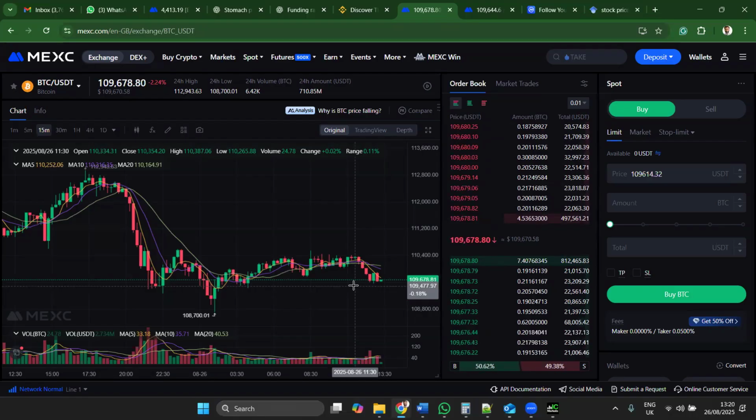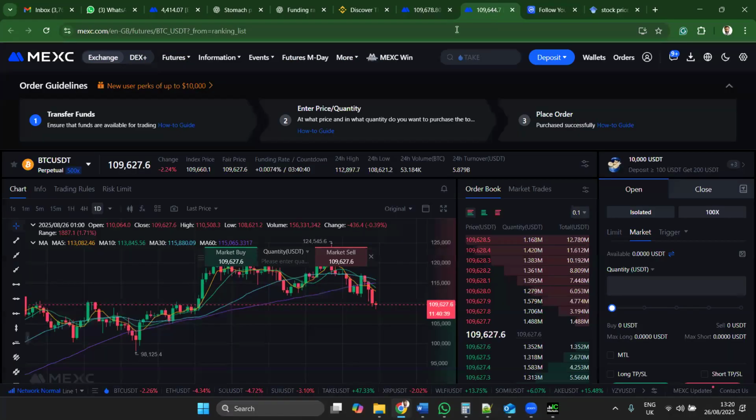This is the important thing that you need to understand. Now, in the future market, this price is usually very much correlated with the actual price. But when we trade in the future, no real Bitcoin gets transferred from seller to buyer.